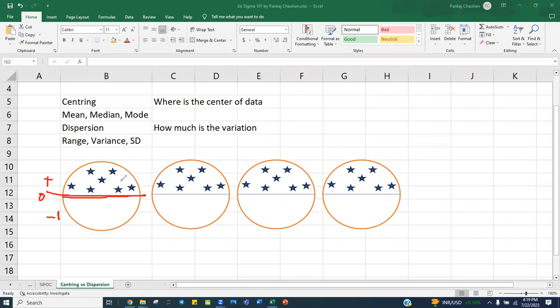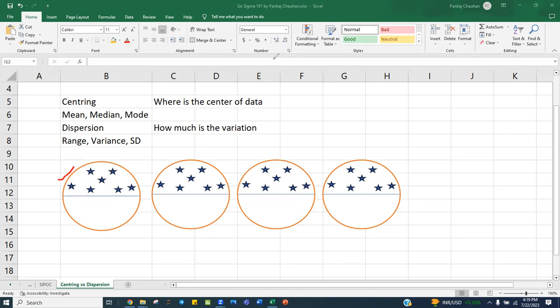Suppose you are trying to achieve an average of 10. But all your values are coming as 11, 12, 13, 14, 15. You will never be able to achieve 10, because if one value is coming as 12 on the positive side and the next one is coming as 8, then 8 plus 12 divided by 2 will be 10. But in this case, all the values are on the upper side of the center line.